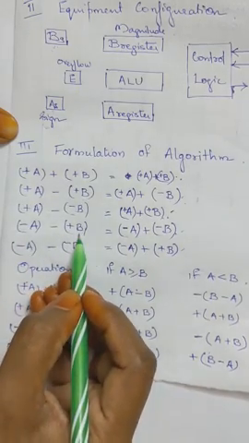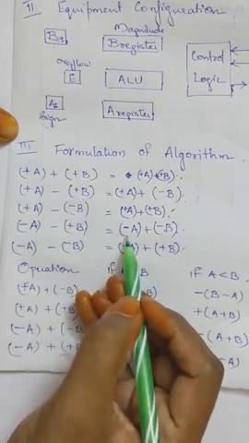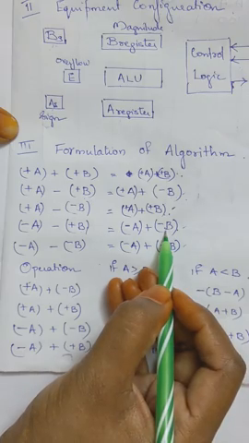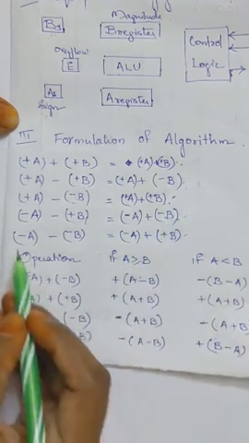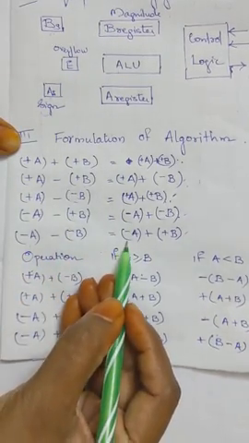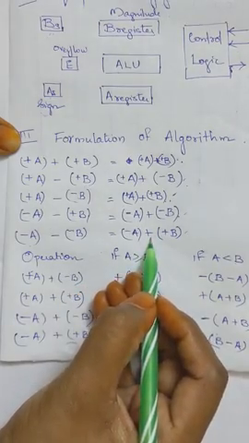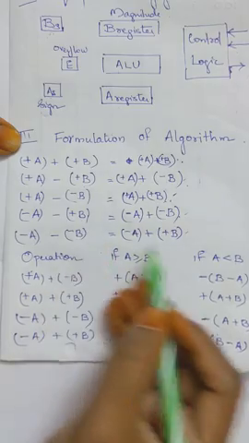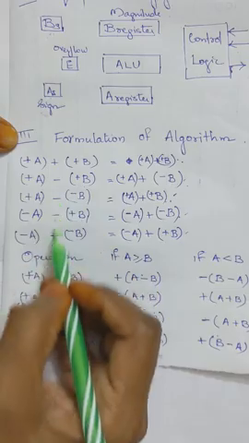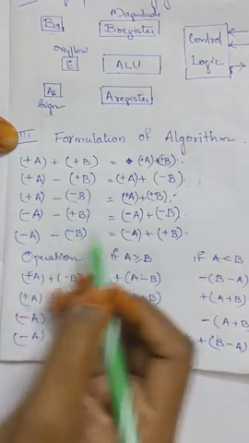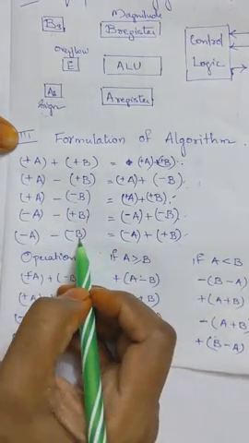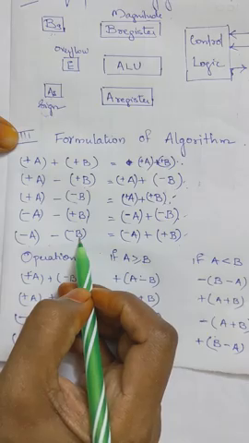Minus A minus plus B means minus A plus the complement of B, that is minus B. Minus A minus B will be equal to minus A plus B's complement, which is plus B. So any subtraction operation can be converted to an addition operation by taking the complement of the second operand B.